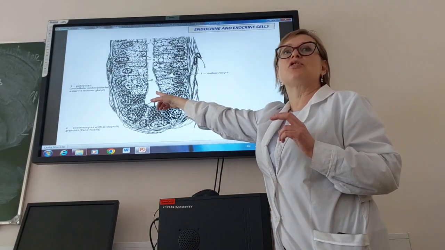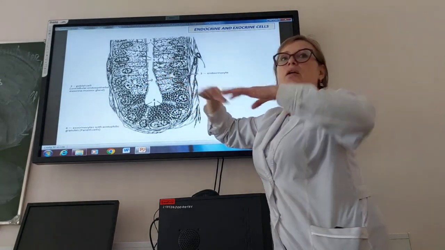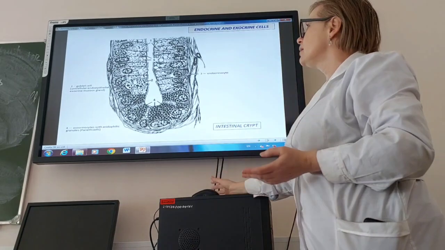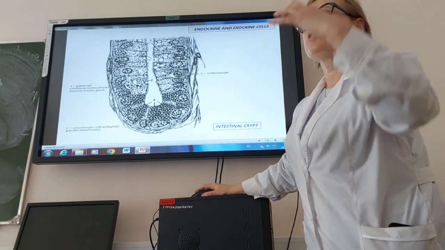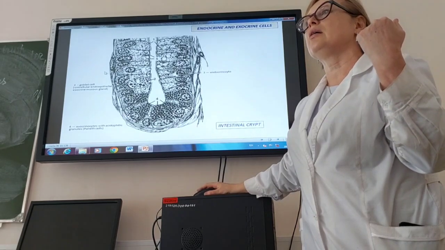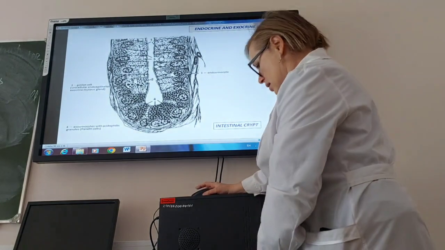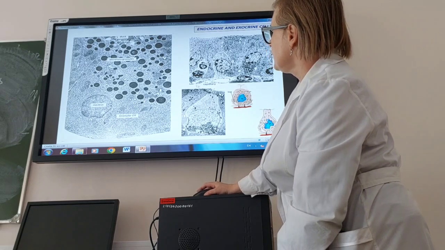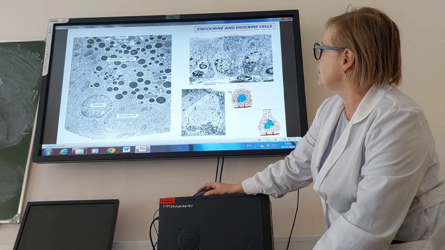Okay. Because this is the exterior for the cell. Yes, they secrete this to the exterior, into some space. Here, granules accumulate in the basal part of the cell. That's why they will be released into underlying blood vessels. So these are endocrine cells. What we can see in endocrine cells here is accumulation of granules in the basal part.